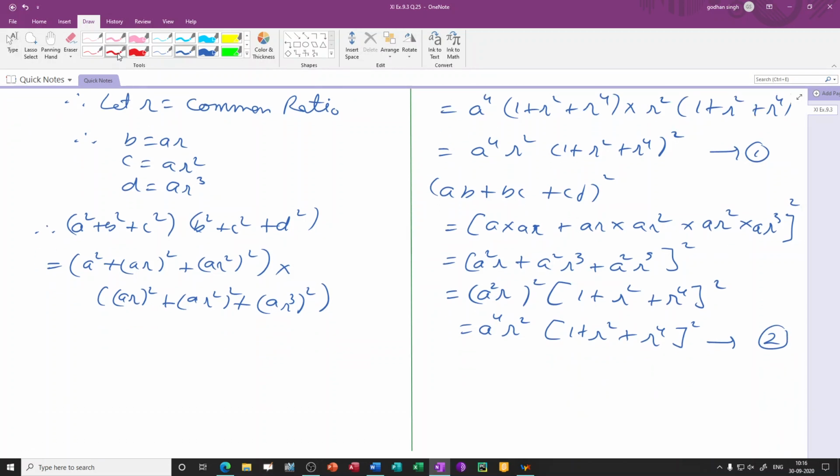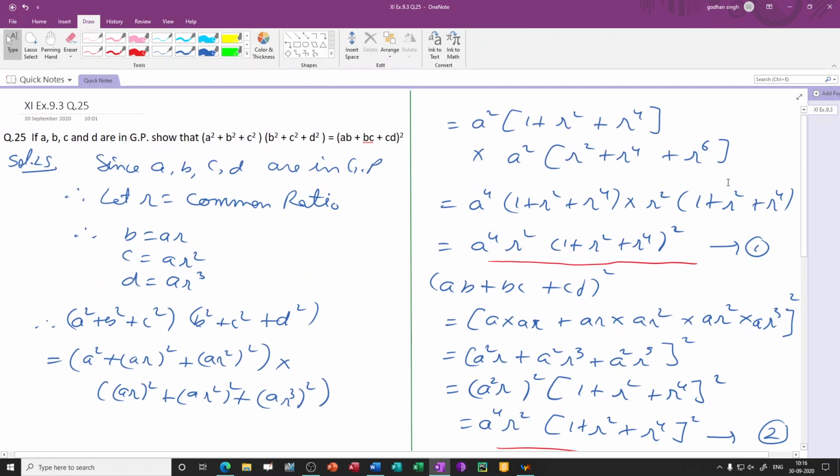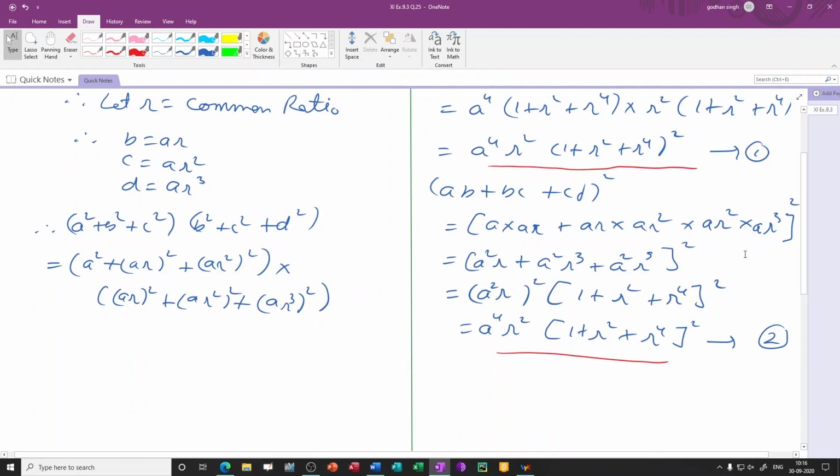Now if you compare 1 and 2, it is very clear that (AB plus BC plus CD) whole square is the same as (A square plus B square plus C square) multiplied with (B square plus C square plus D square). So this is our result.